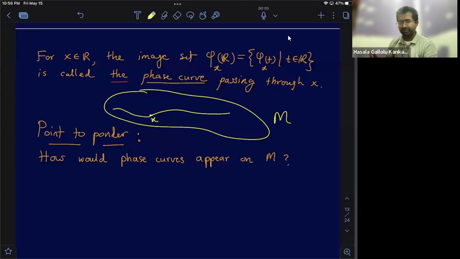Through this, it will go in the forward direction and backward direction. It need not be like this in particular. It could be just a closed loop. It could be a spiral, something. There are many things that you can have, like some kind of a trajectory or a path on this.